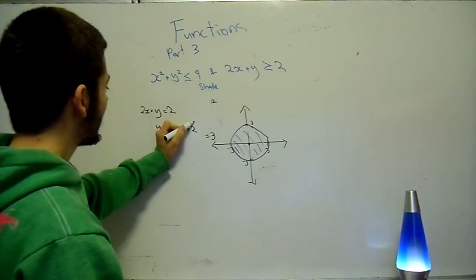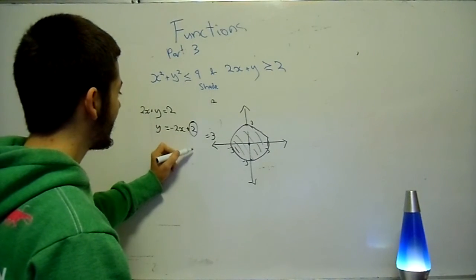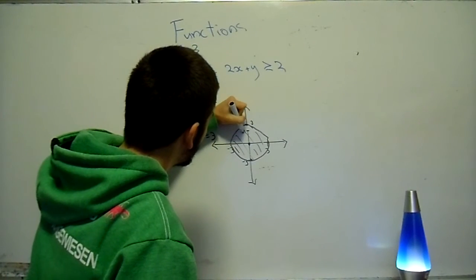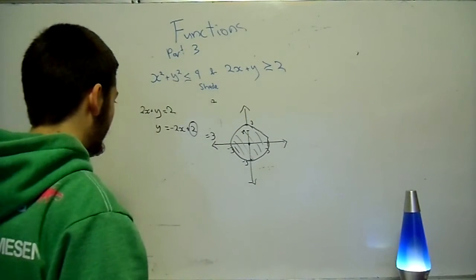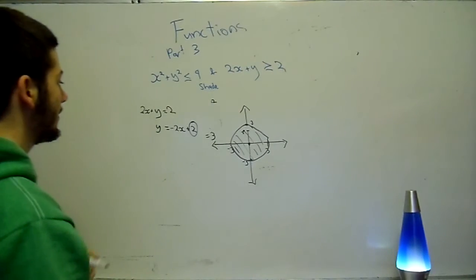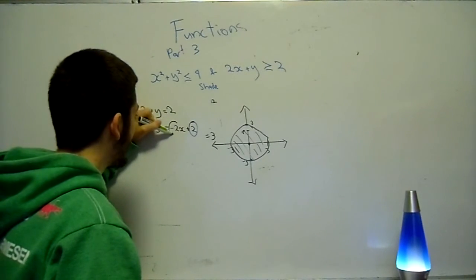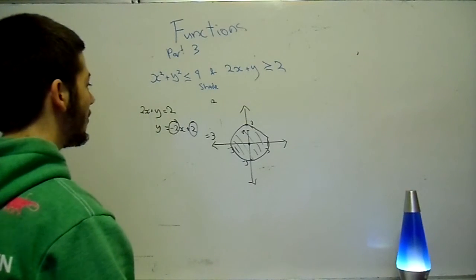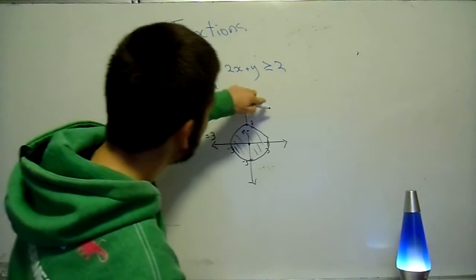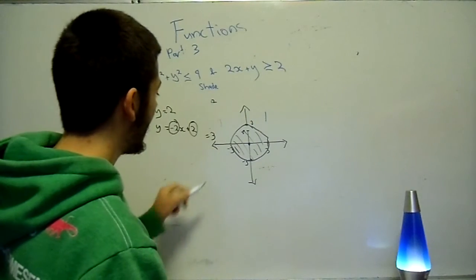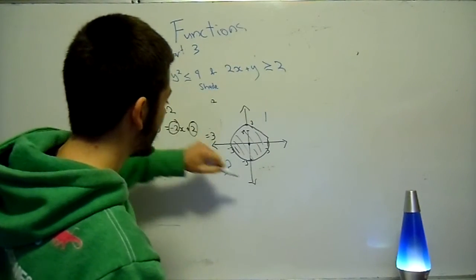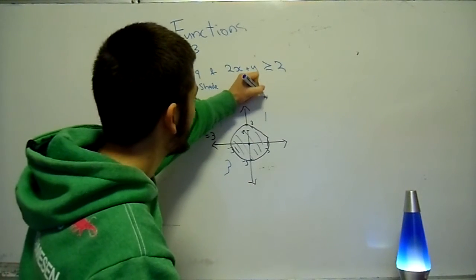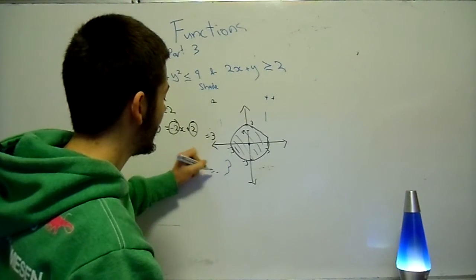Here straight away we know that that's our y-intercept. So our y-intercept is going to be 2. So mark out 2 on there. Maybe I should use a different colour. Anyway, mark out 2 on there, and we know our gradient is going to be minus 2. From your knowledge from before, you're going to know that the first quadrant and the third quadrant, counting anti-clockwise, are going to be positive, because this one's positive and positive, this one's negative and negative.